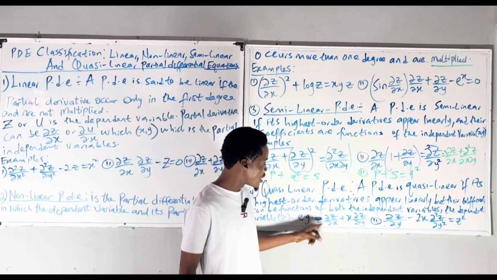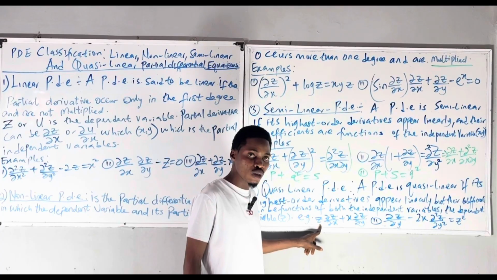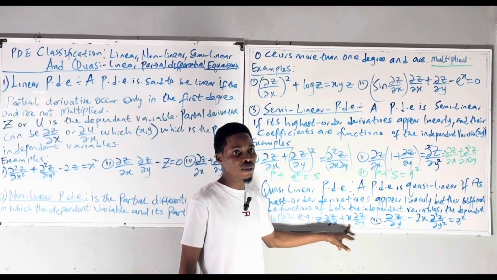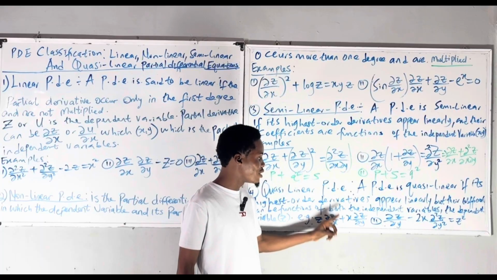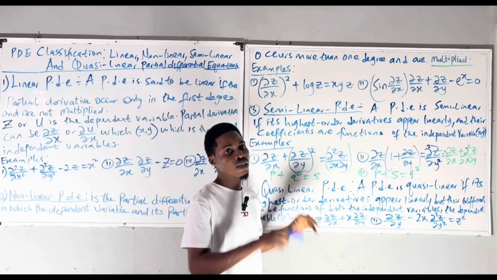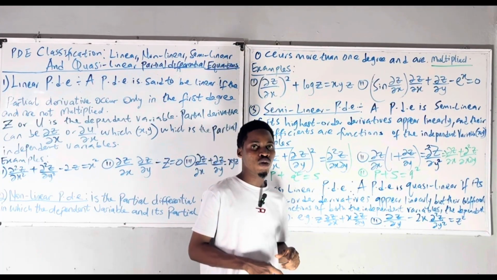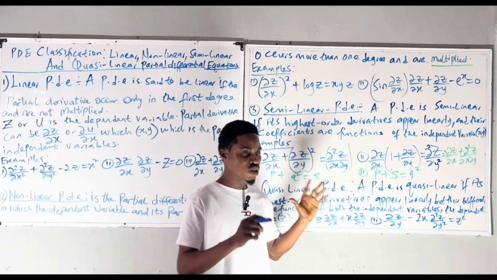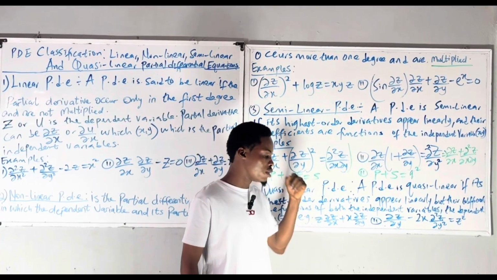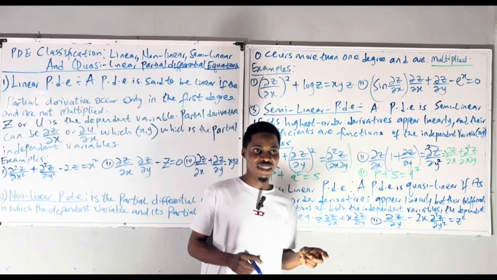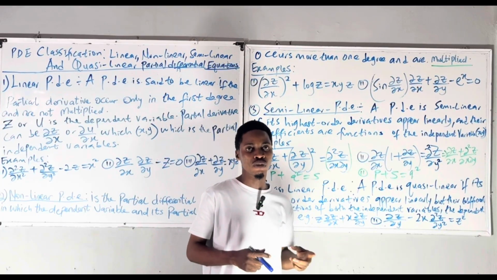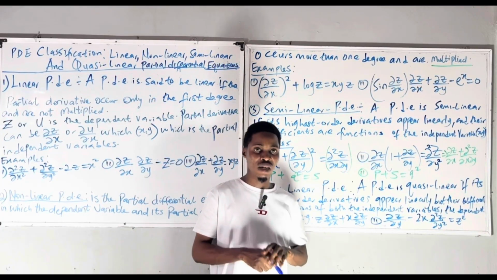Why? Because it is multiplied by the dependent variable as well as the independent variable. But if only the independent variable is multiplied and the degree is linear, you can see it's semi-linear. But whenever the partial derivative of the dependent variable is multiplied by the independent and also the dependent variable, it means it is a quasi-linear PDE.